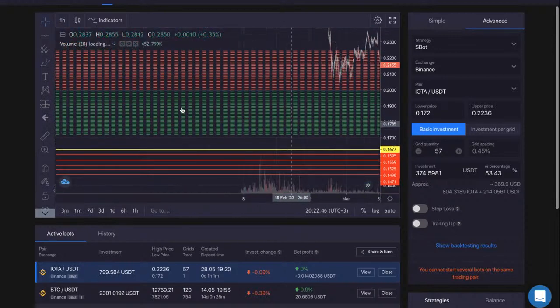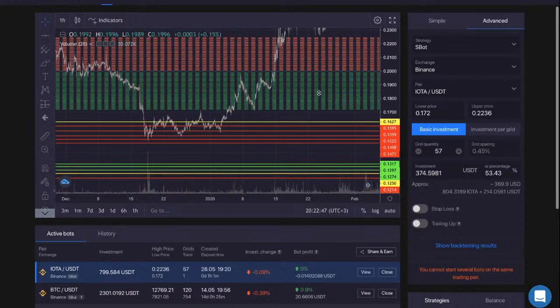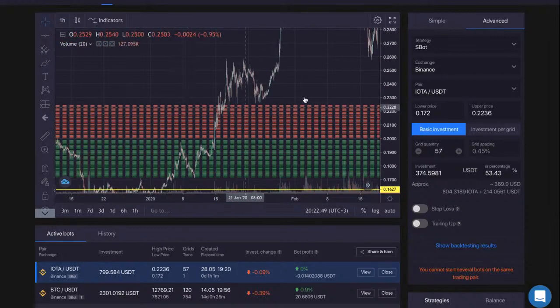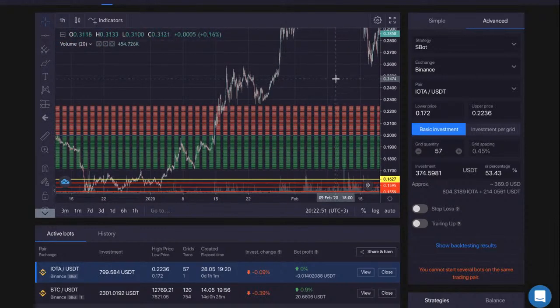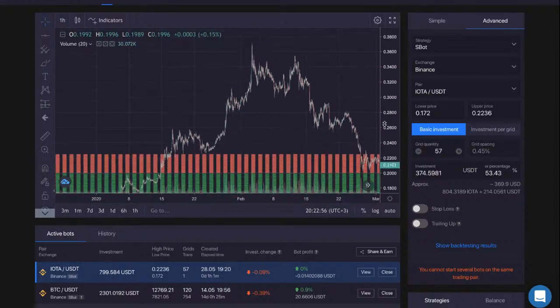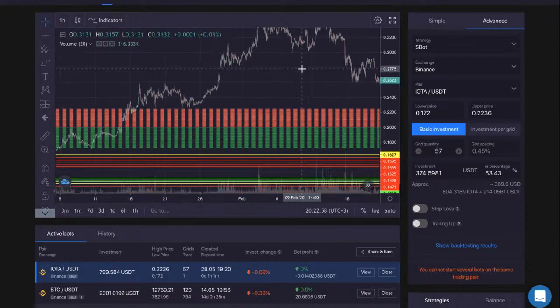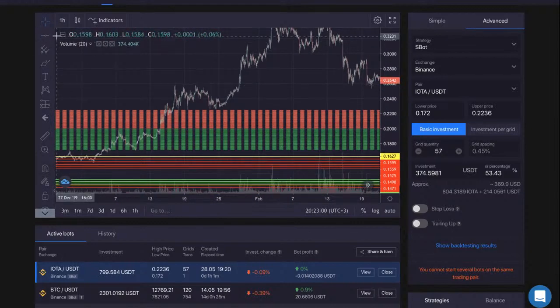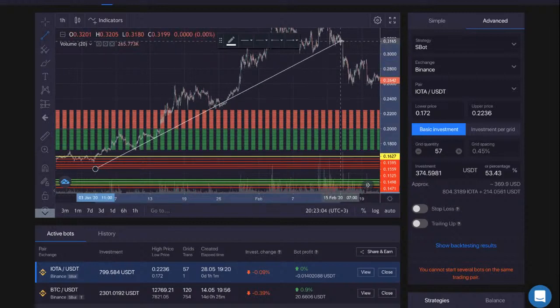And another example that I will show you. Okay, I see that the price was also moving upwards for quite a prolonged period of time.